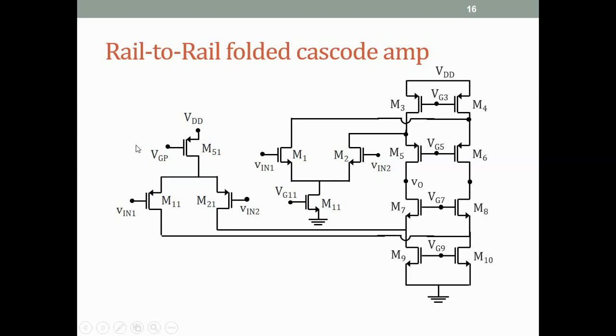Above 2.4 it will turn off. So from 0 to 0.6 of Vc, only gm11 contributes to the gain. From 0.6 to 2.4, both the PMOS and the NMOS contribute to the gain. Above 2.4 volts, the PMOS is turned off and only the NMOS pair contributes to the gain.